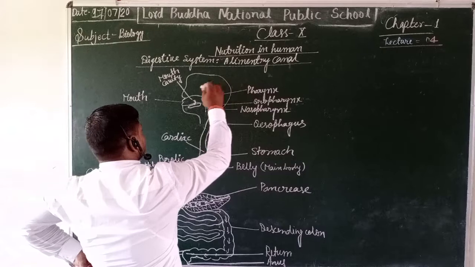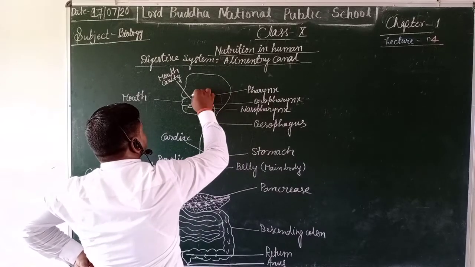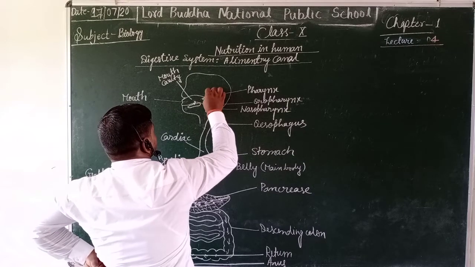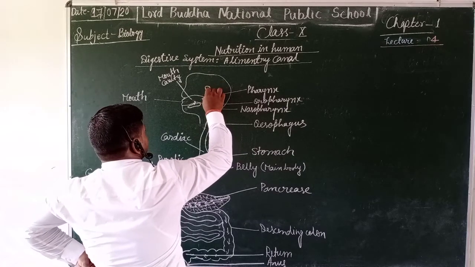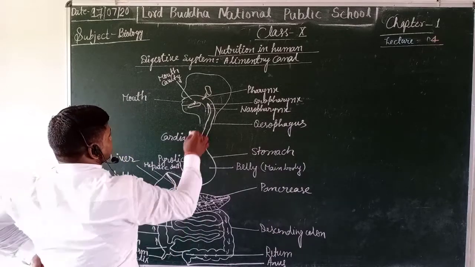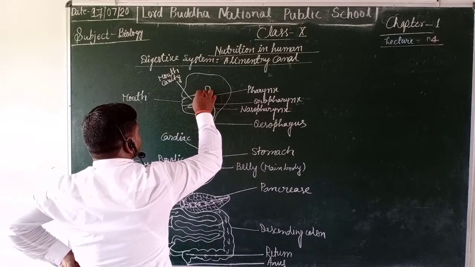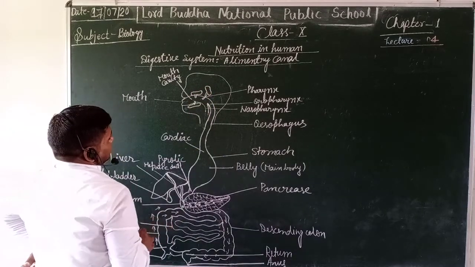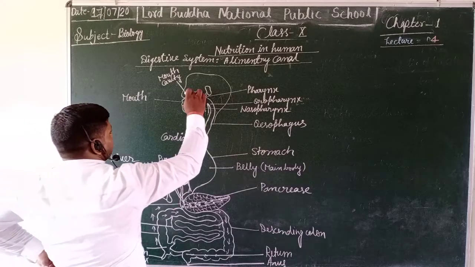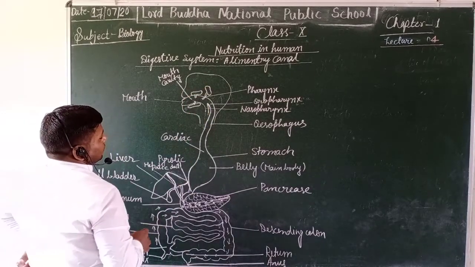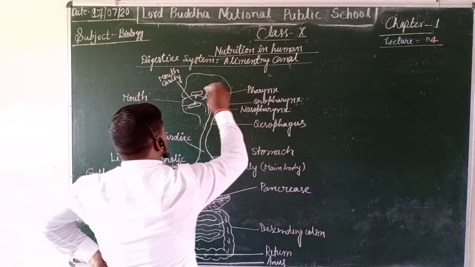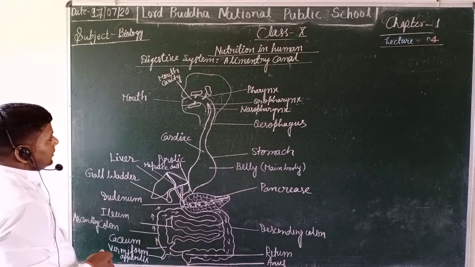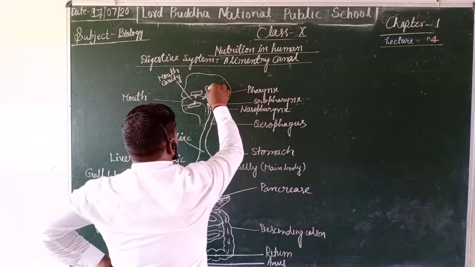These open into our mouth with the help of a duct, because they are exocrine in nature, and that's why they help in production of the enzyme known as ptyalin, that is present in the fluid saliva.